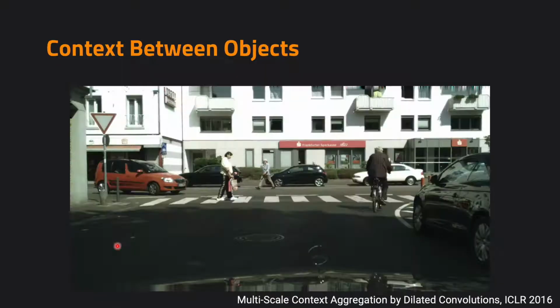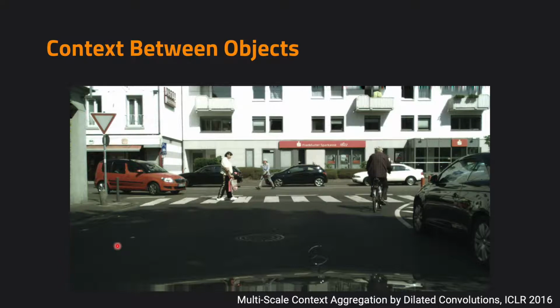Now let's talk about another key task in semantic segmentation, which is context. Context actually has multiple meanings in segmentation. The first is the context between objects.